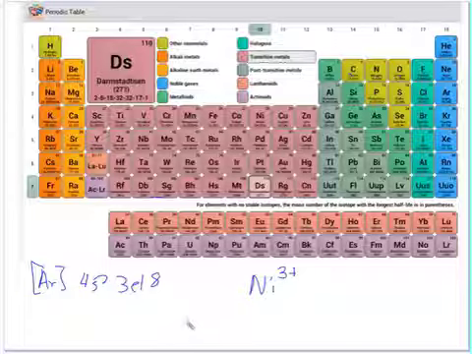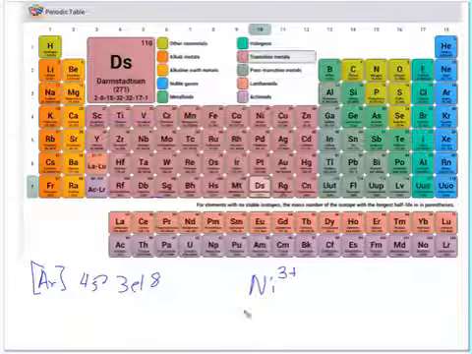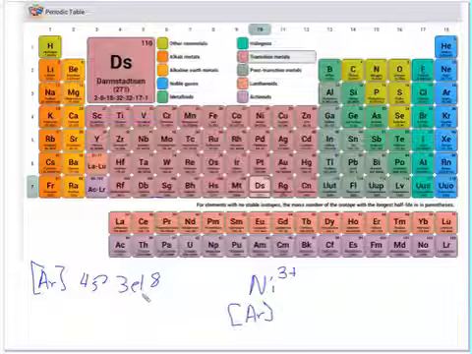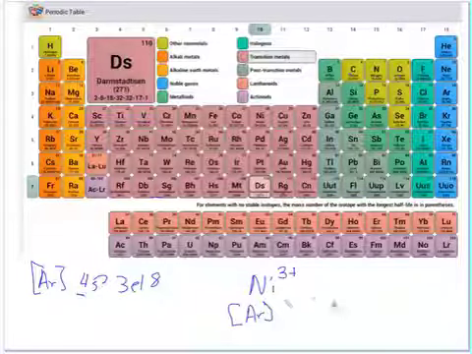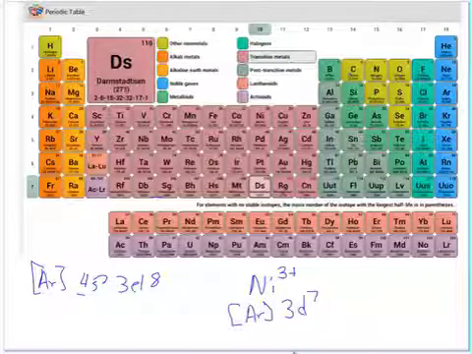If we're going to take away 3 electrons from nickel, we start with argon 4s2 3d8. It's always going to take away the highest numbered energy level ones first. So we're going to get rid of the 4s2. Now we've got 3d, but we're not going to write 8 because we've got to take away one more. So it'd be 3d7.